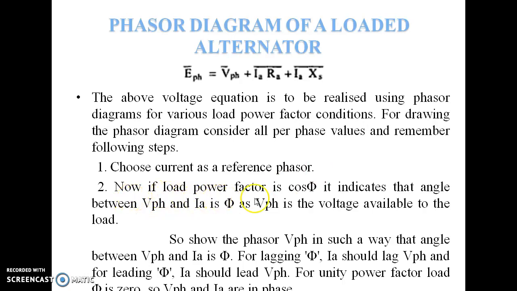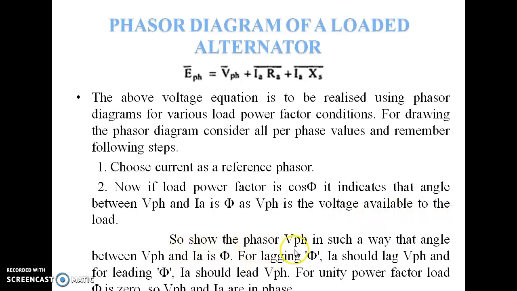Now, if load power factor is cos phi, it indicates that the angle between VPH and IA is phi, which is nothing but the phase angle. The angle difference between the voltage phasor VPH and the current phasor IA or IPH, as VPH is the voltage available to the load.